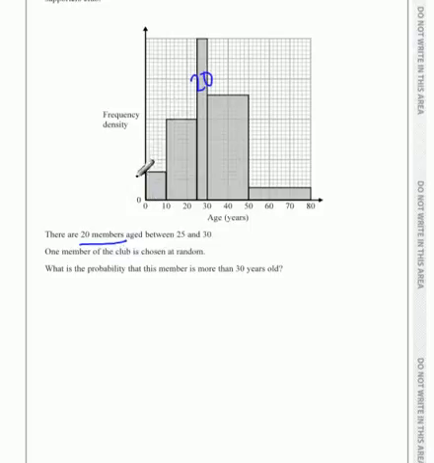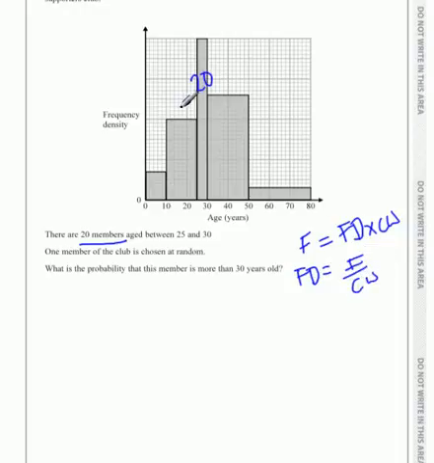And we can work out the frequency density using the formula that we got. So we know that the frequency equals the frequency density times the class width, because that is the area of these bars. So the frequency density, rearranging that formula, is going to be the frequency divided by the class width.